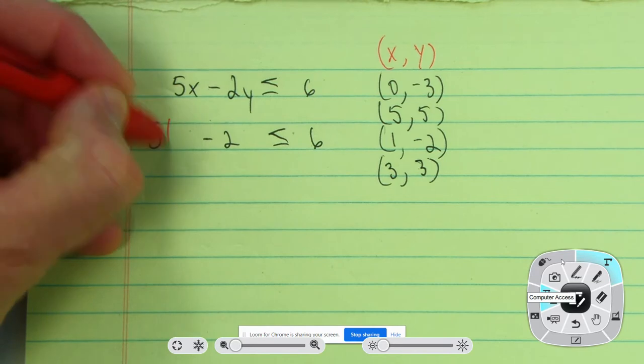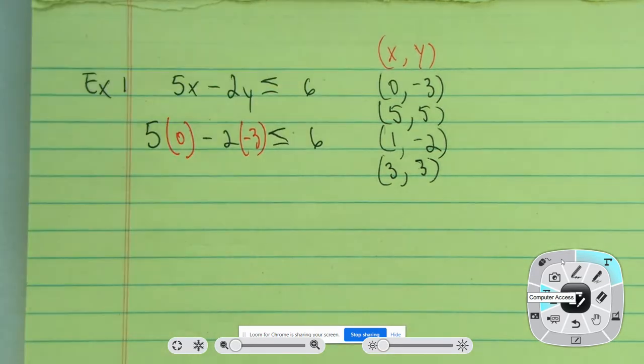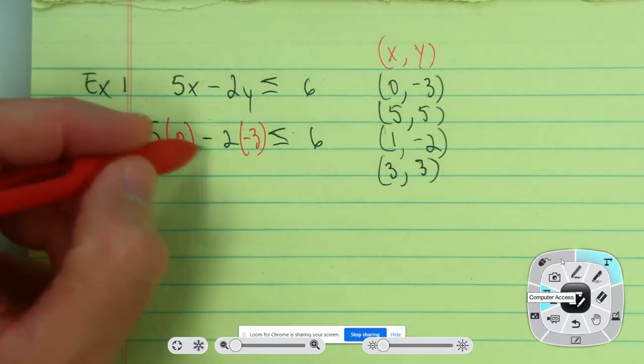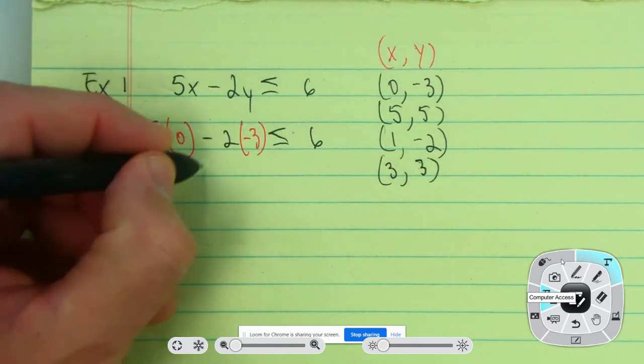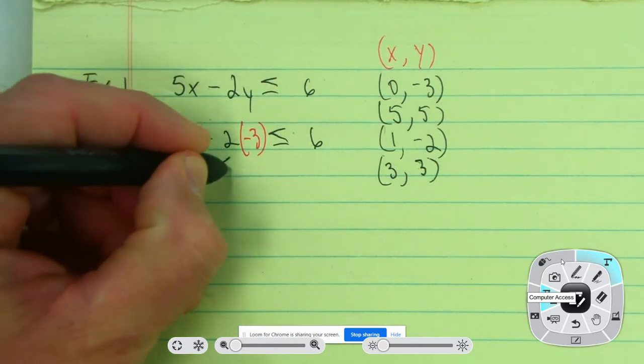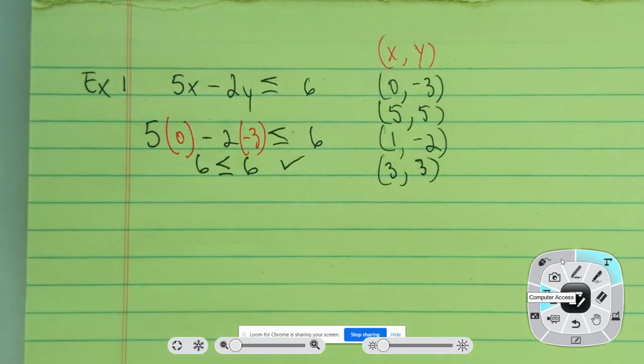X is 0, so I'll plug that in. Y is -3, I'll plug that in. Notice I wrote it with parentheses. I always do that. 5 times 0, 0. -2 times -3 is a +6, and 6 is less than or equal to 6 because it's equal to 6. So I know 0 and -3 is a solution.